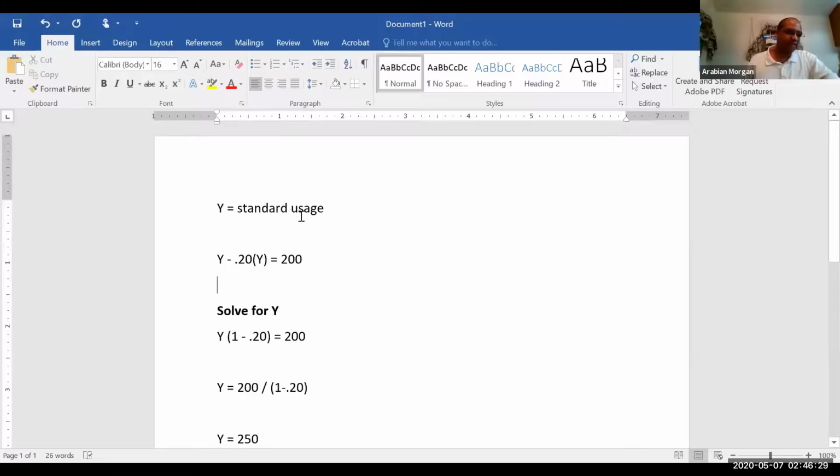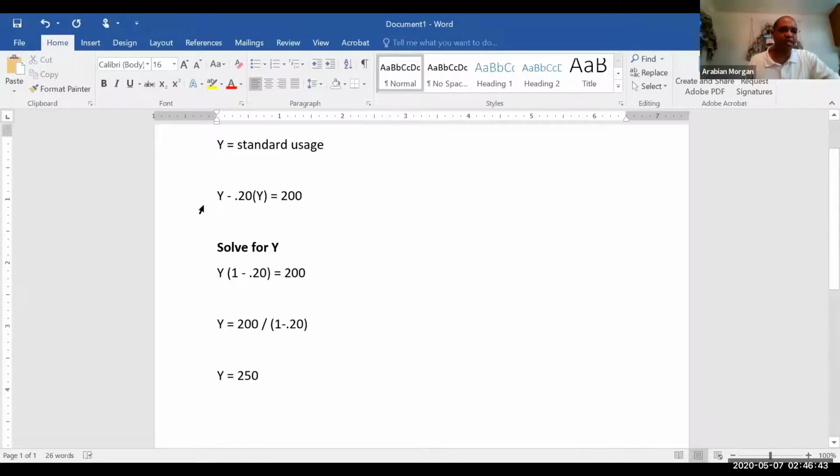I just typed out a little wording here, but the way I got there, I started off by writing y equals the standard usage. So the formula becomes y minus 20% of y has to equal 200. That's literally the amount we start off with, minus 20% of the amount we start off with, equals 200 ounces of sugar.